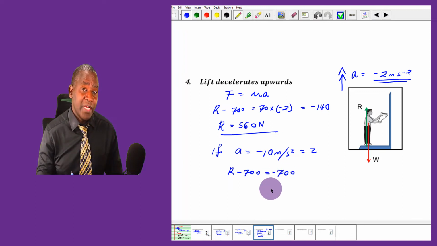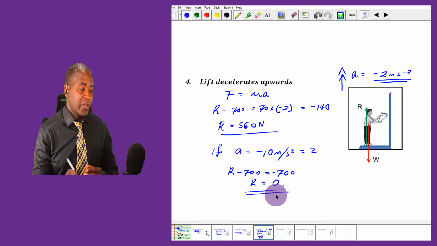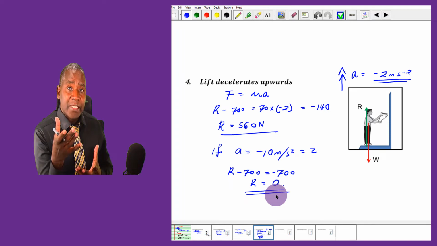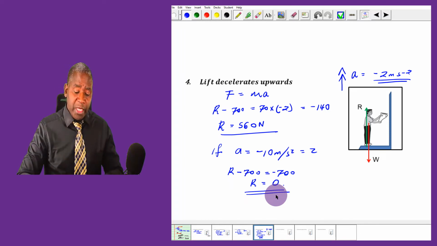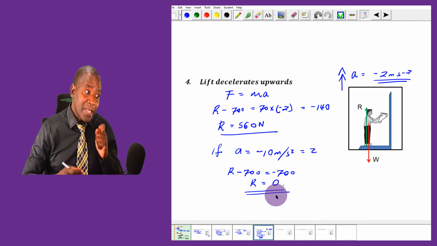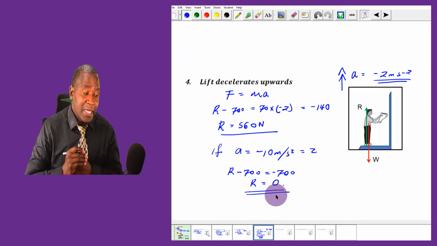And when I add 700 to both sides, I get the value of R to be 0. This is one of the situations where the person will feel weightless. Your feet will just be in contact with the surface, but this time you won't feel as if the surface is pressing on you. No, you will be weightless. And you can just imagine what happens if A is now greater than 10. If it is greater than 10, you'll find that R will have a negative value.